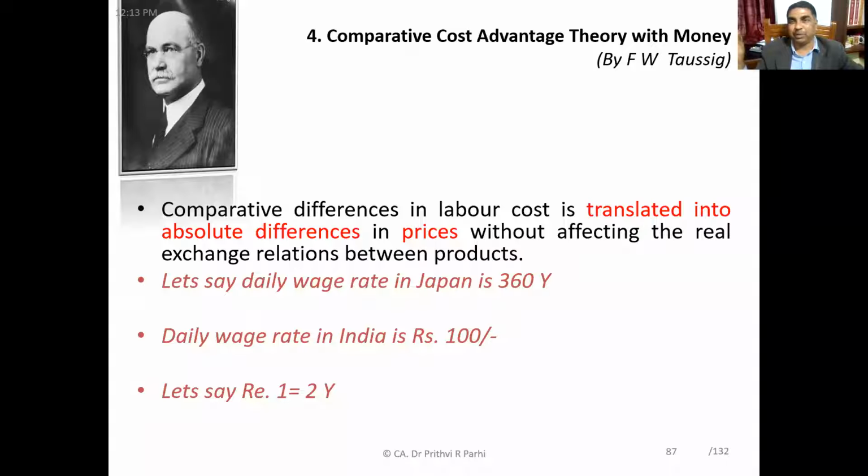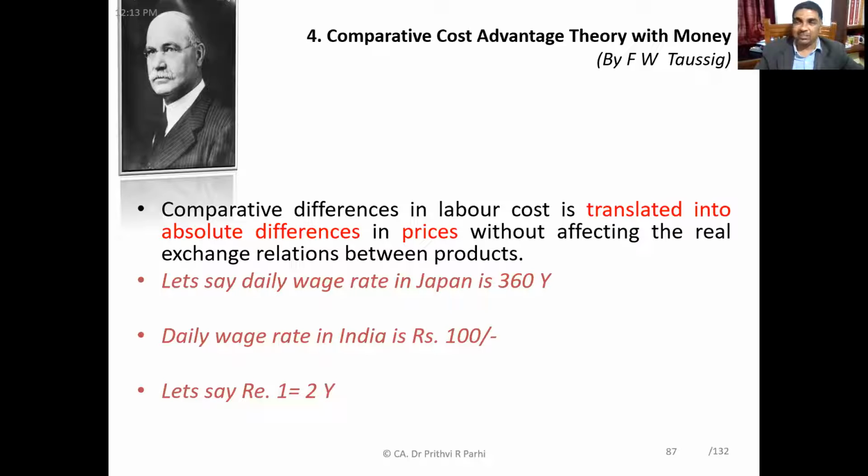So we'll be able to find out what is the cost of production in money terms in Japan, as well as what is the cost of production in money terms in India. And these differences will be converted into price without affecting the real exchange relationship between the products. We'll see how that is happening.